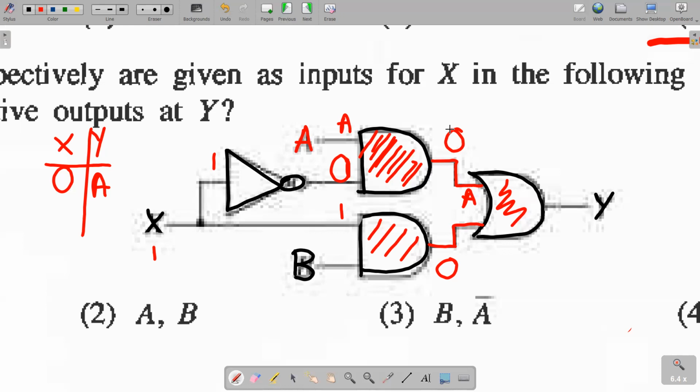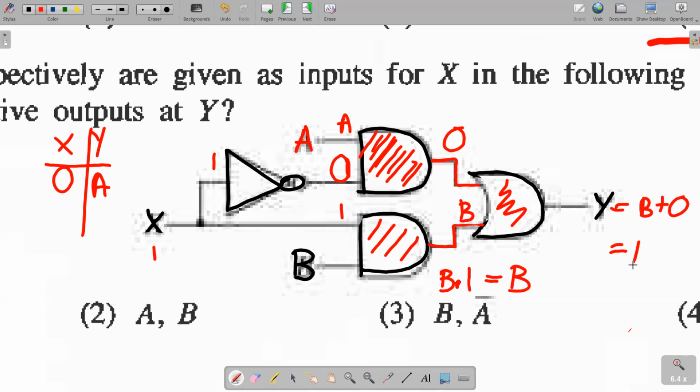And here you are going to get something similar to the previous time. So this is going to be B dot 1. B dot 1 is equal to B, because in the early stage we talked about how A dot 1 is equal to A. So this line will bring you a 0 and this line will bring you a B. So Y is going to be B plus 0.